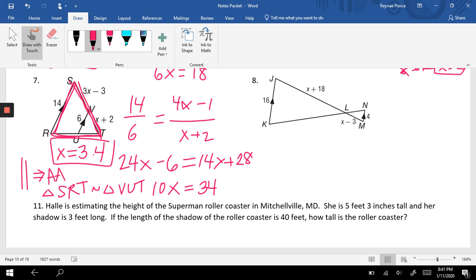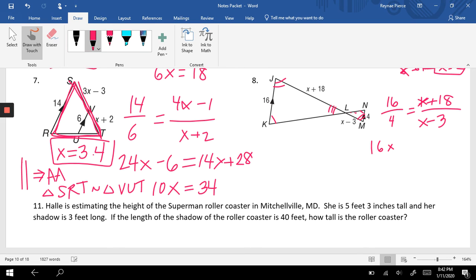We've got parallel lines here again. Okay, but this time we're looking at alternate interior angles. Okay, and if you want to throw these in here, we've got a pair of vertical angles. Okay, so 16 and 4, those are corresponding sides. And then x plus 18 and x minus 3 are corresponding sides as well. Okay.